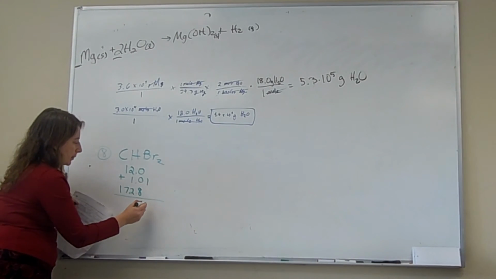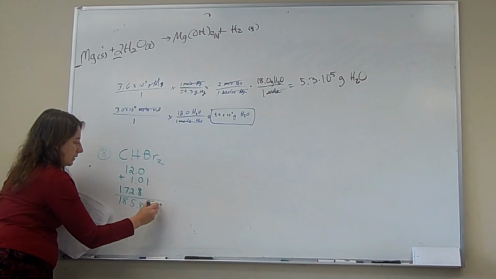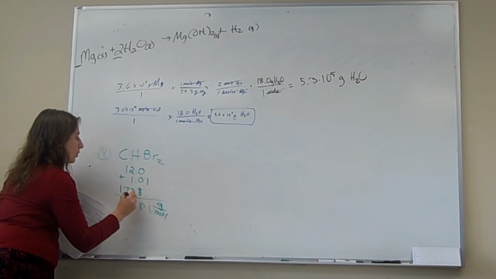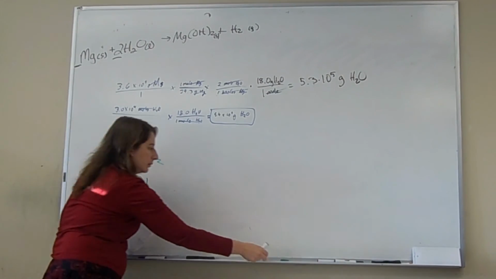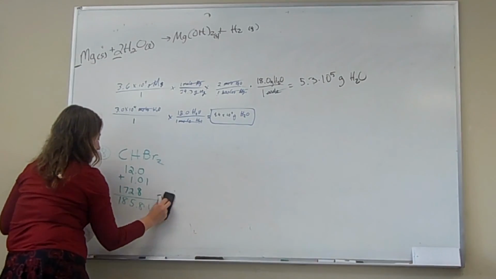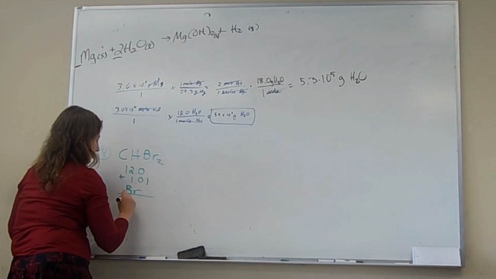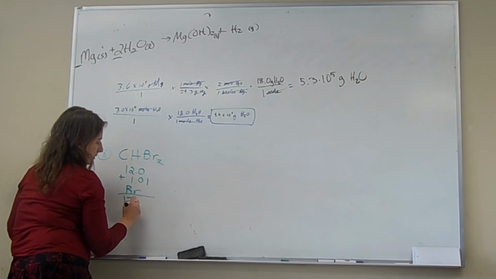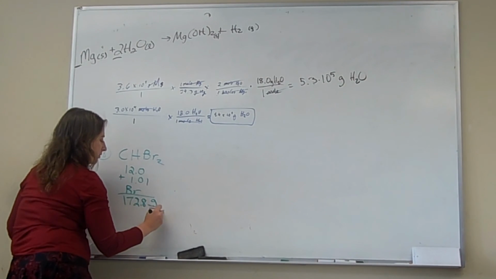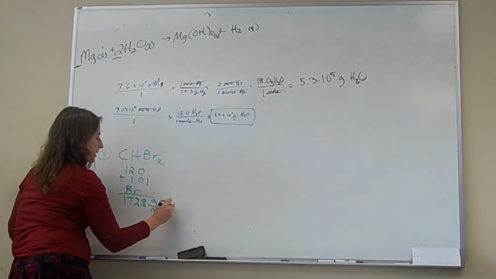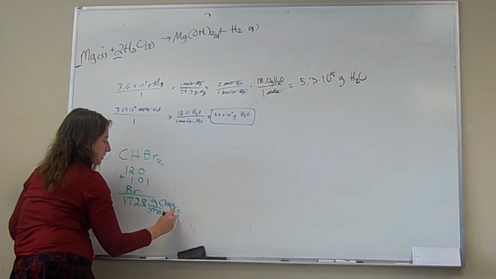So when you add them up, 172.8 was the answer. So really, it's 172.8 grams of CHBr2 per 1 mole of CHBr2.